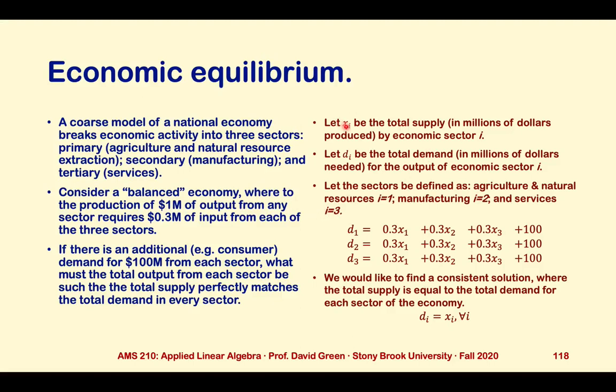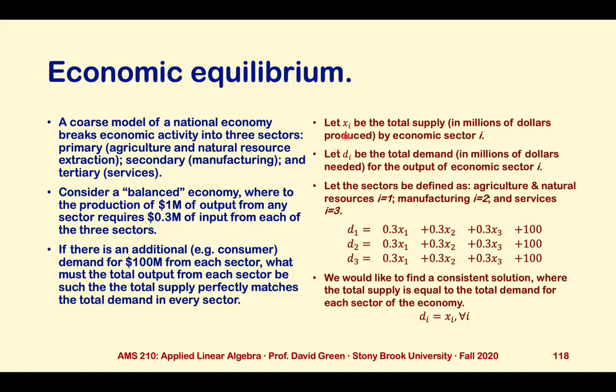And we'll denote xi to be the supply of each of those. So x1 is the supply from the agricultural natural resource sector, x2 is the supply from manufacturing, and so on.